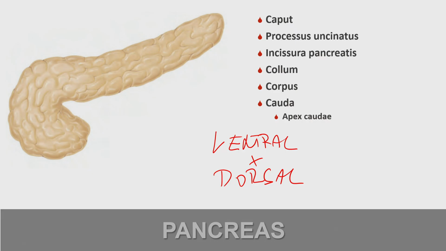So when we're talking about the dorsal part of the pancreas in situ, so in the real anatomic situation, we're talking about the embryonic ventral. And this is an important structure which is called processus uncinatus.